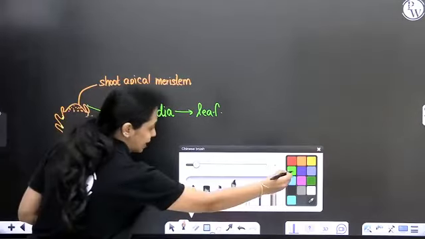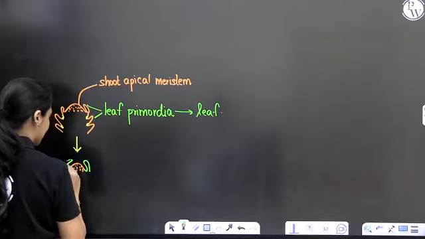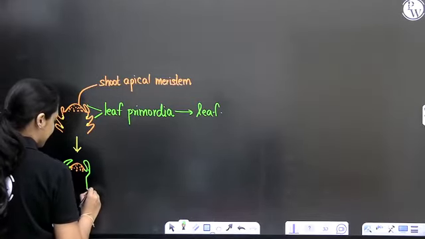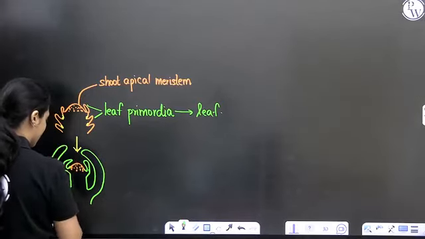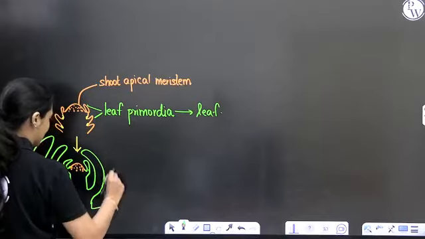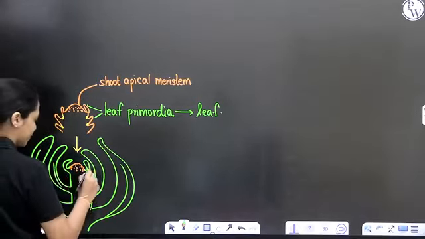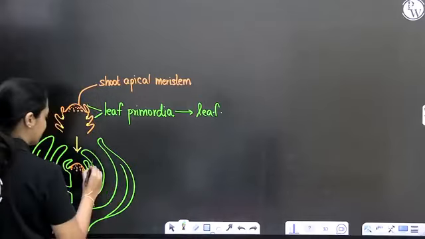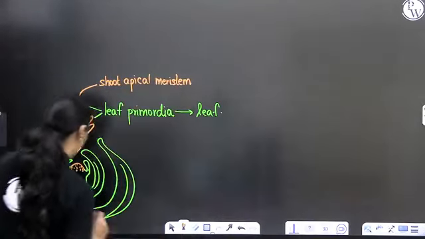You have the leaf primordia that are going to become the leaves, right? There is increase in the length of the stem. Okay. So you can see leaves will start becoming bigger. These will become the leaves. In between the leaves, whatever stem region is present will start elongating.